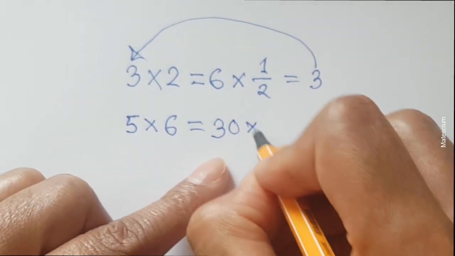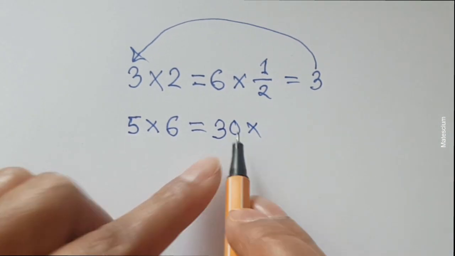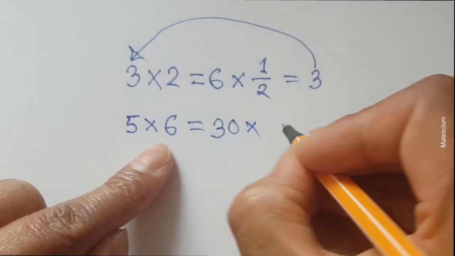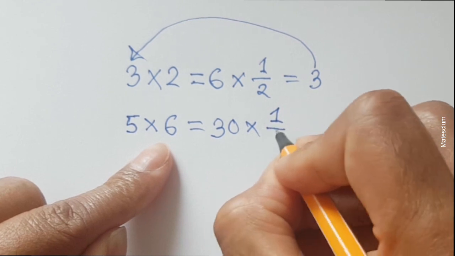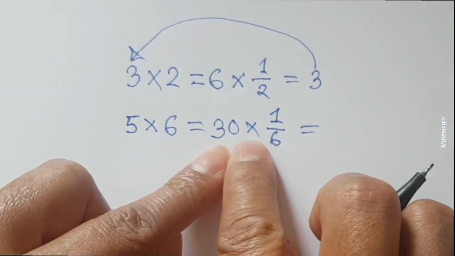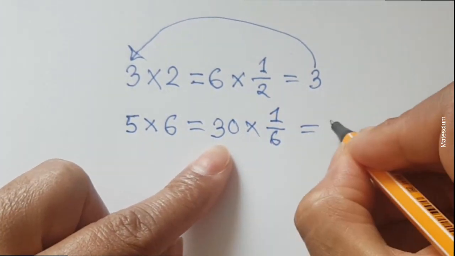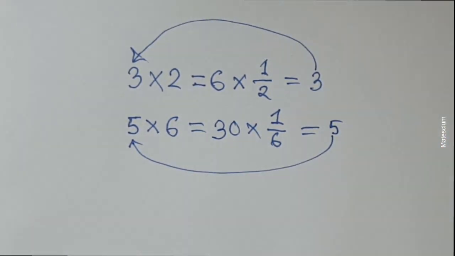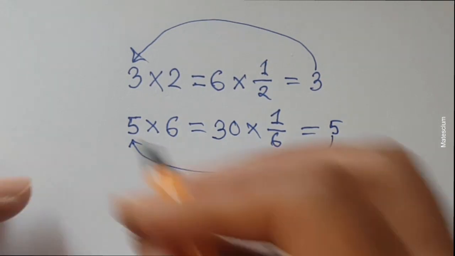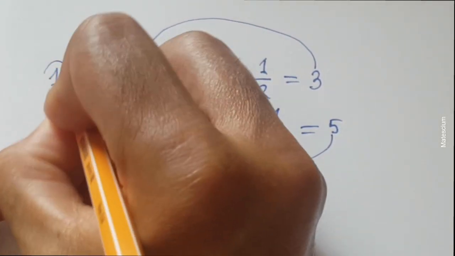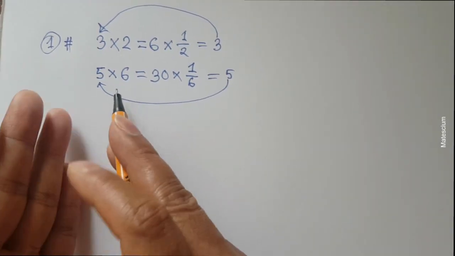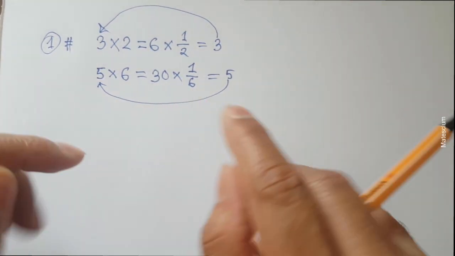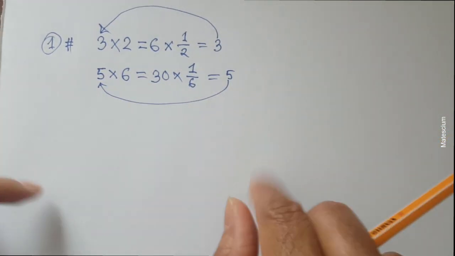And as I said, if we multiply this 30 by the inverse of the given number, which is 1 over 6, we get 5. This 5 is exactly the initial number that we started with. Let's say this is step number 1. You now know what a multiplicative inverse is. Just remember this. I will use the multiplicative inverse in my second step.